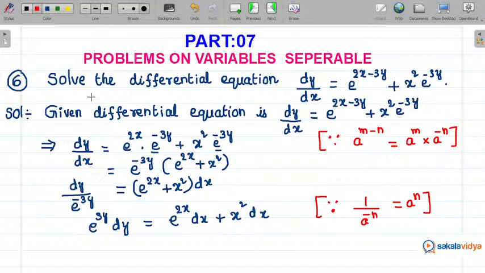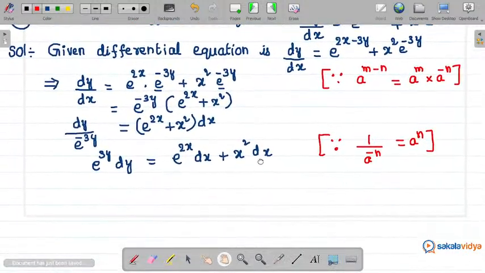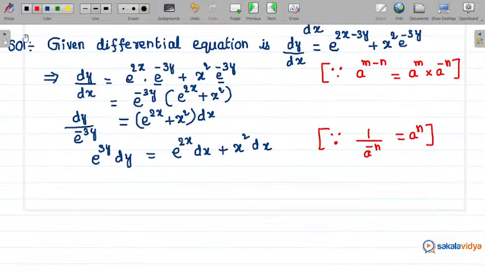Now, it can be integrated. So, integrating on both sides.